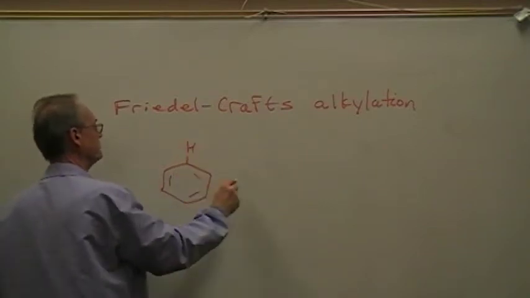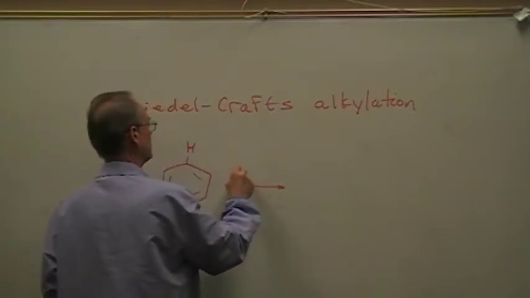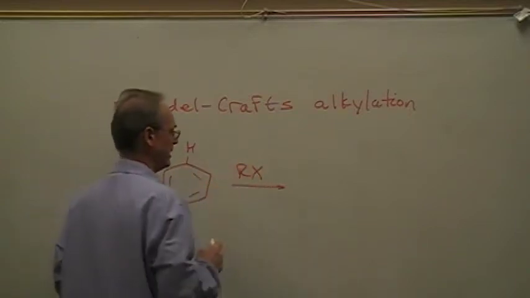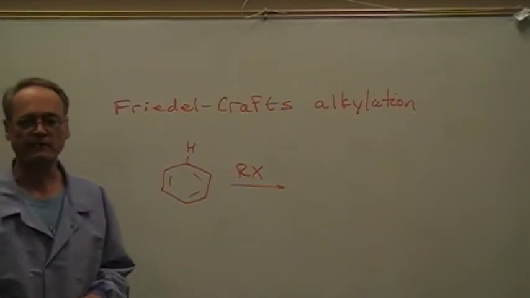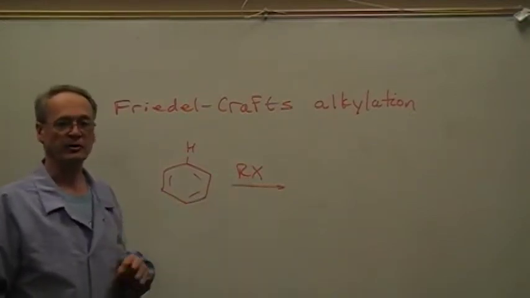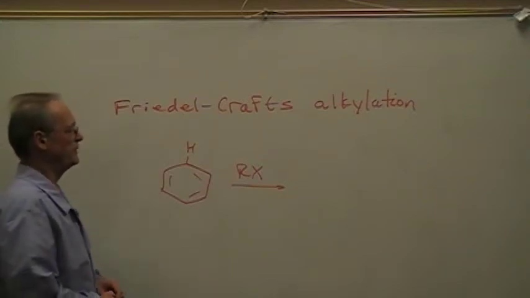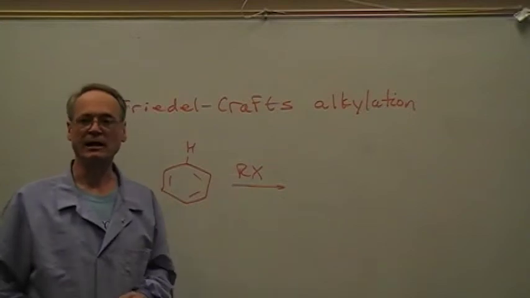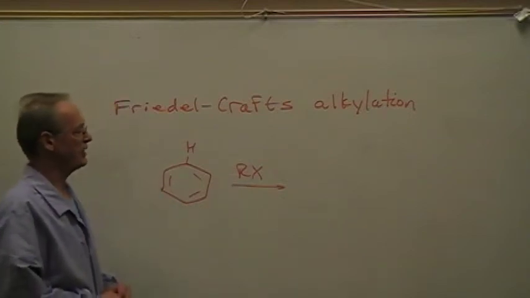So we're going to react the benzene ring with a hydrogen with an alkyl halide. So this is the first one of the 5 reactions where it's actually another organic molecule that you're reacting with, and not just inorganic stuff. This is maybe ethyl chloride, it may be isopropyl bromide, it may be any of various alkyl halides.